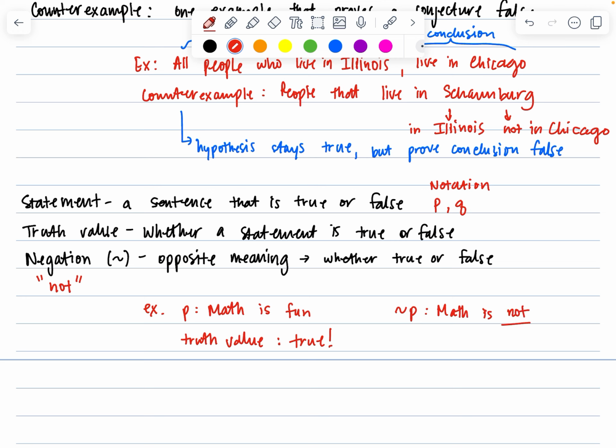And that's where you just change the statement. Math is not fun, and the truth value changes. This is now false, because our original statement had a true truth value, so the negation has to have the opposite truth value.